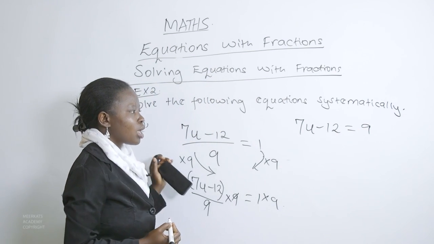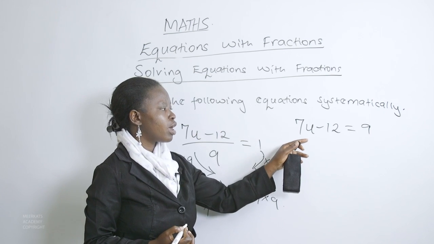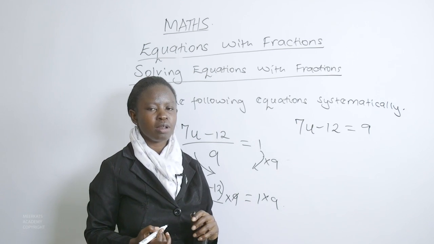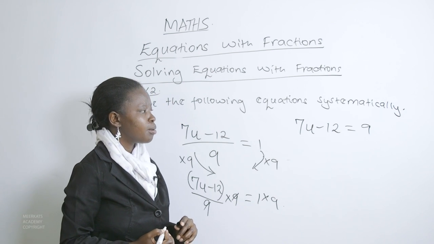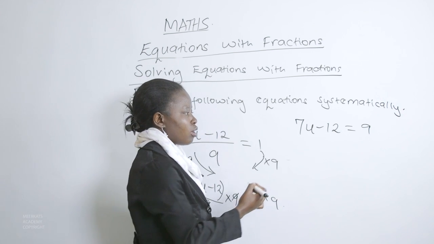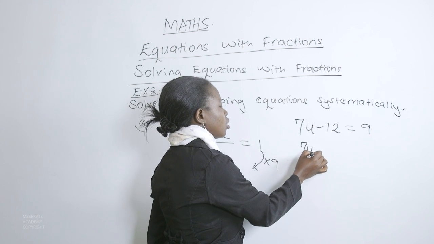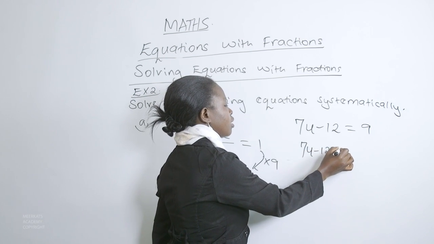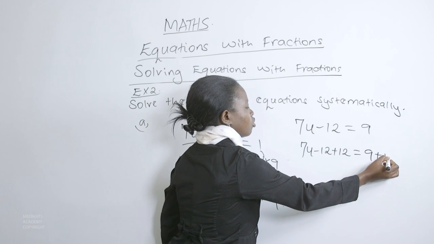So we are having a subtraction. For us to remain on the left-hand side with 7u, it means that we add 12 on both sides. So this is 7u minus 12 plus 12 is equal to 9 plus 12.